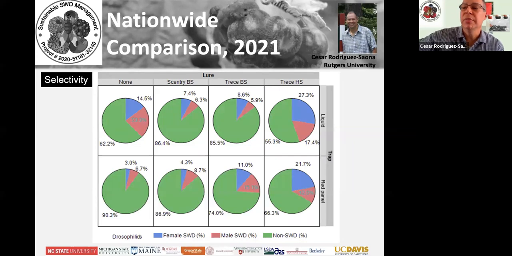And these results were similar for the red sticky traps, although one of the Trece lures in both cases was more selective than the other lures. This lure, the Trece HS, captured more spotted wing Drosophila, especially it captured more females, as you can see in blue.